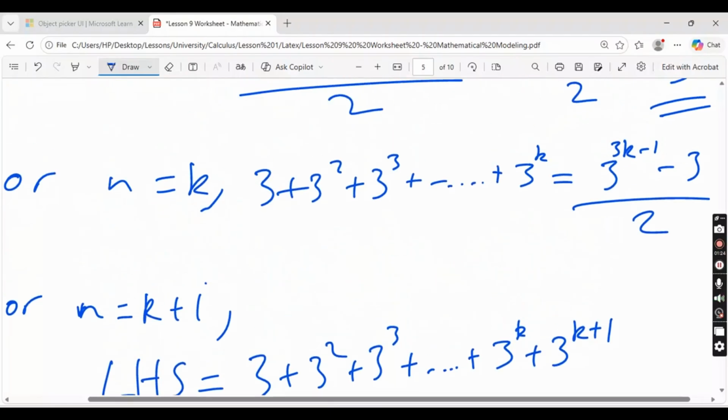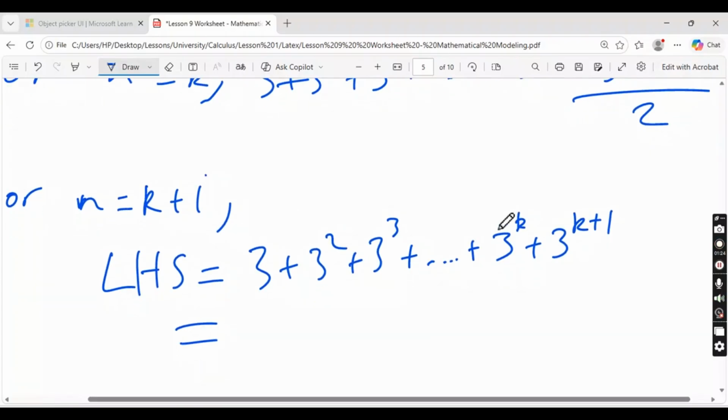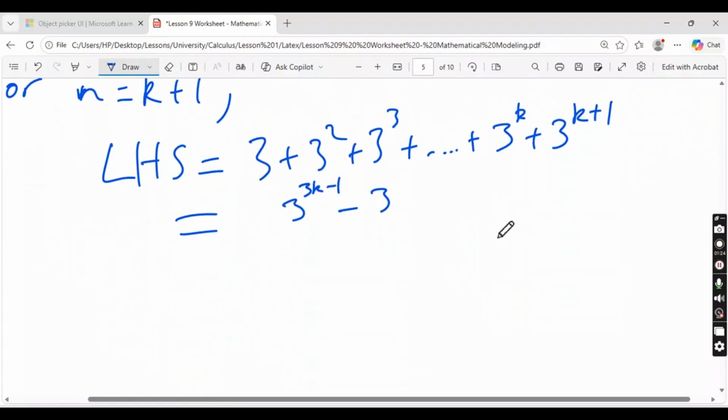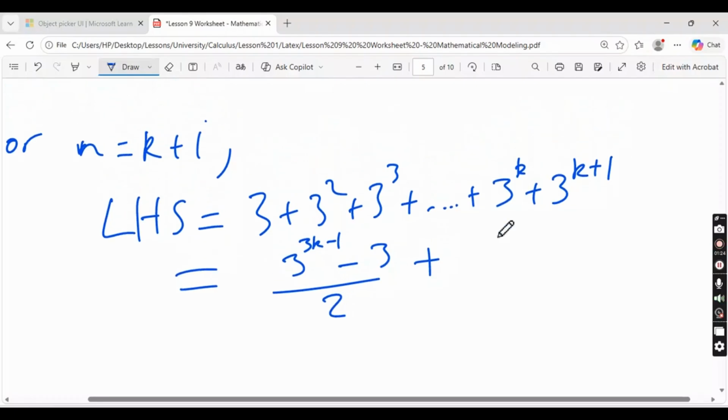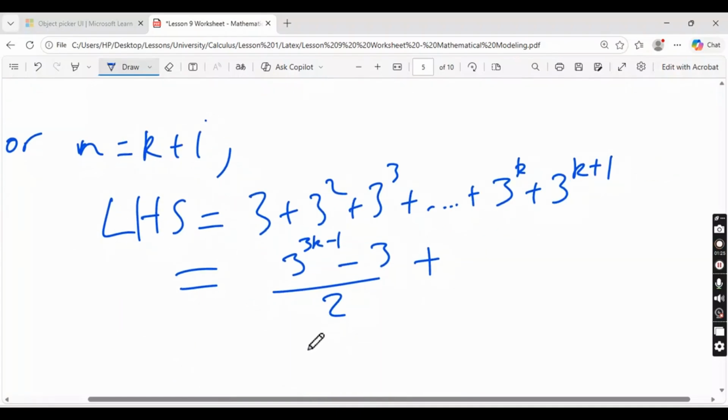Now we say it's 3 to the power of 3k minus 1, minus 3, all over 2, plus 3 to the power of k plus 1.